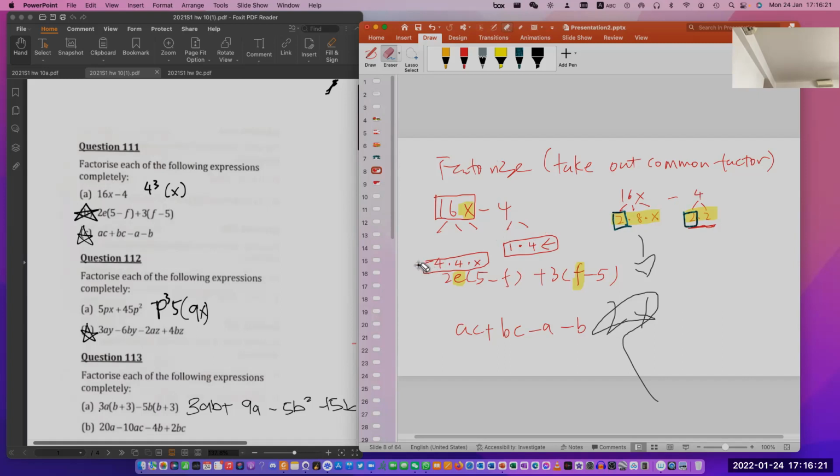If we choose 4 times x for 16x and then 1 times 4 for 4, actually I can see 4 is common. So let me proceed with this choice first, then I will proceed with the second choice. So if 4 is common, simple. Let me just move this above.